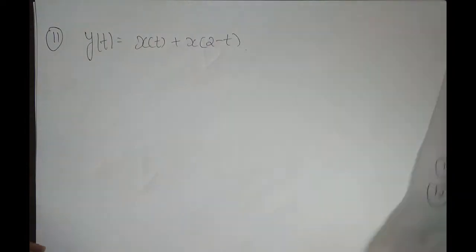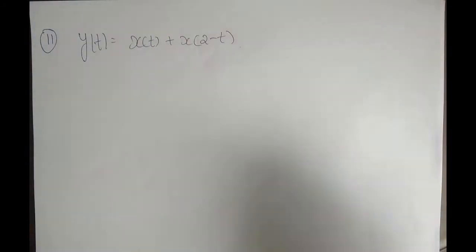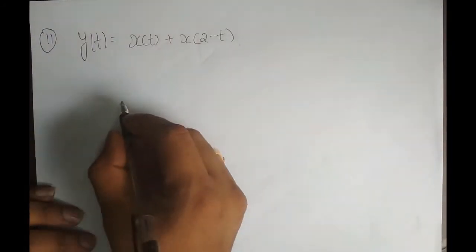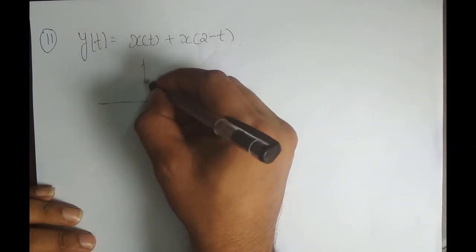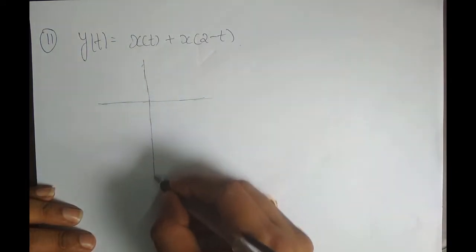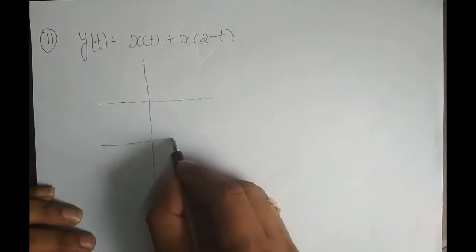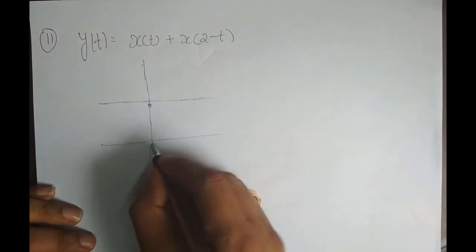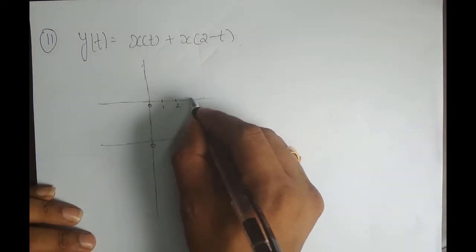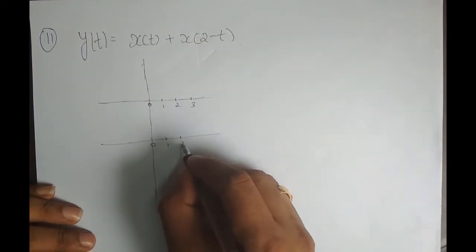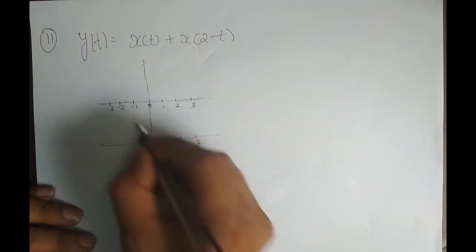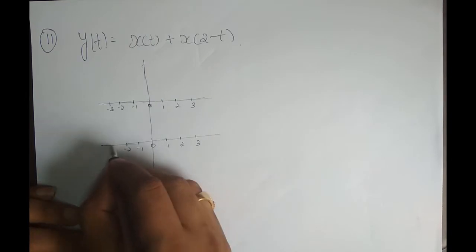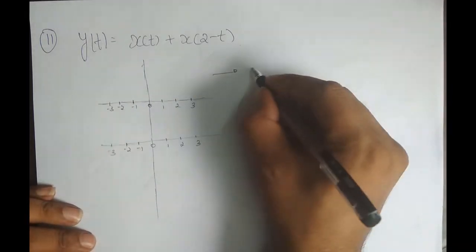So how do we add it? We'll keep one below the other and align the axis so that it is easier for you to plot the signal. Okay. So 0, 1, 2, 3, minus 1, minus 2, minus 3. So first we'll sketch x of t.